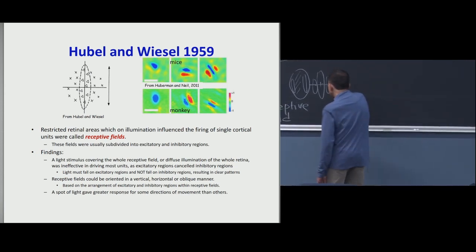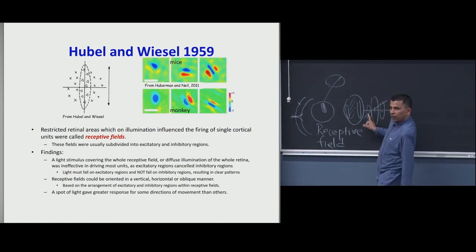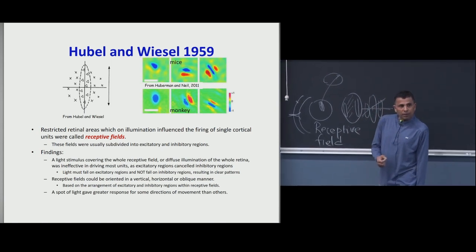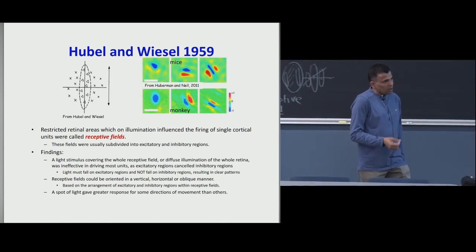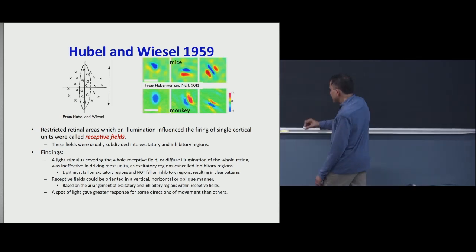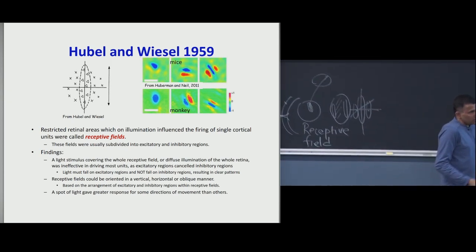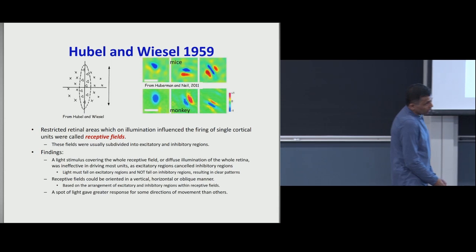If my light is oscillating in this direction, then it's going to stay much longer in the plus region than in the minus region. So you're going to begin seeing more and more excitation. If the light is waving exactly up and down this way, it stays in the excitatory region, so you're going to get a lot of response from the neuron.